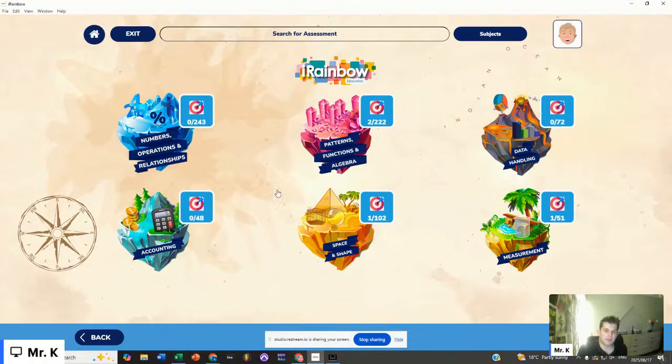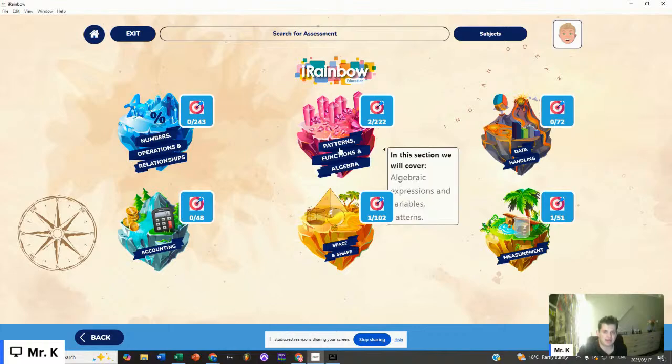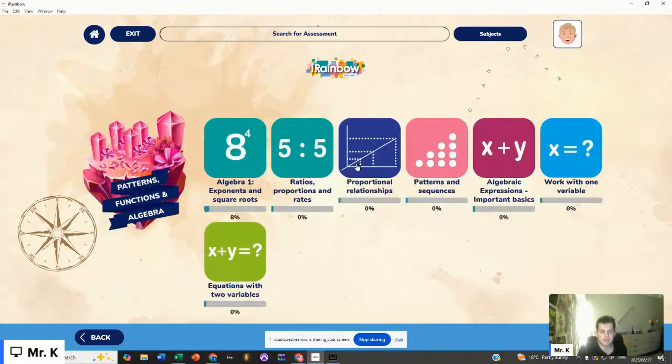So when we open up iRainbow, please make sure yours is up to date. We're going to go into this chapter over here, the island of patterns, functions, and algebra. We're then going to move across to algebraic expressions, important basics.